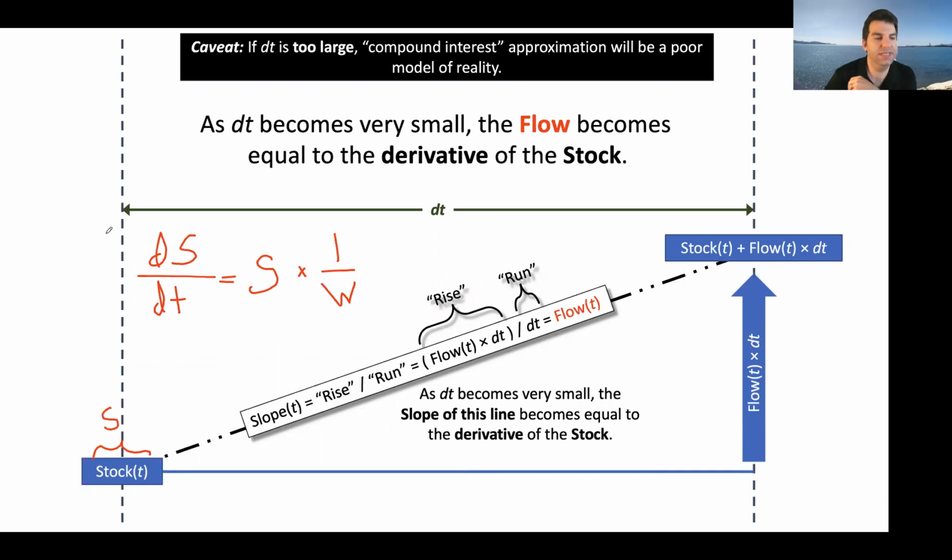So what we've done in the spreadsheet is we have effectively solved this equation, but we are not solving it symbolically. If I were to solve this symbolically, then I would get something like S is equal to an exponential raised to T divided by W or something like that.